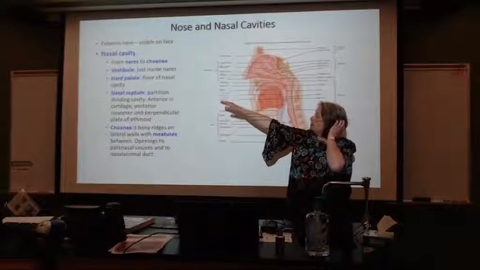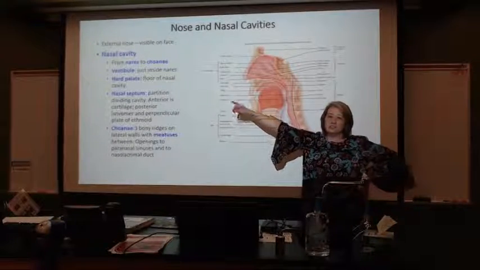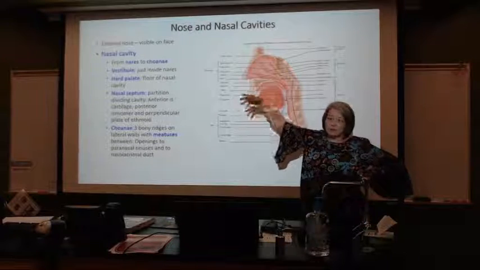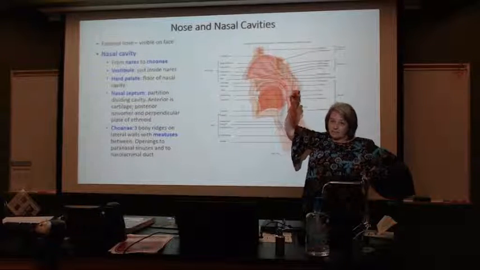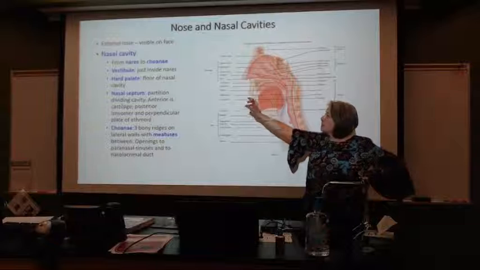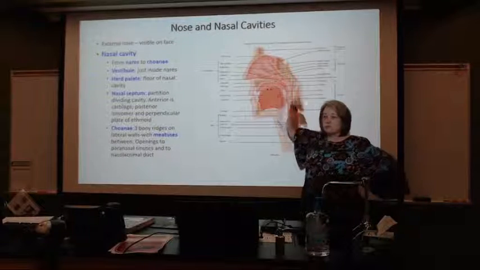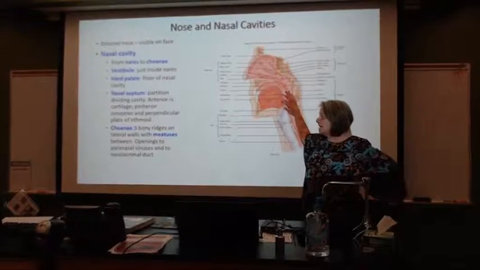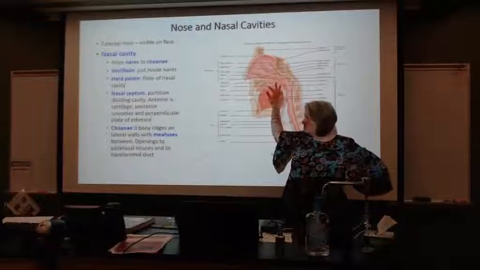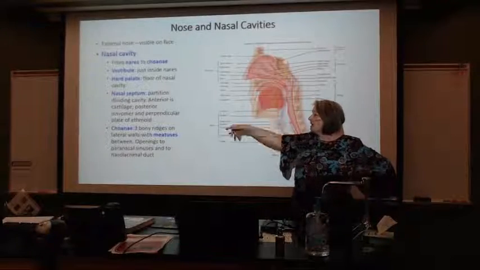So, a couple of things. The vestibule is part of it because we've got the air equalization that has to occur. The hard palate forms the floor of the nasal cavity. The nasal septum is our division between the two sides.